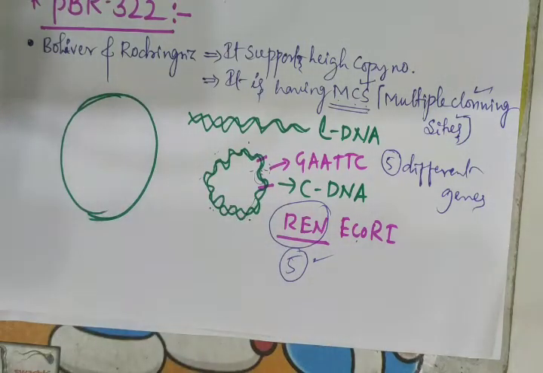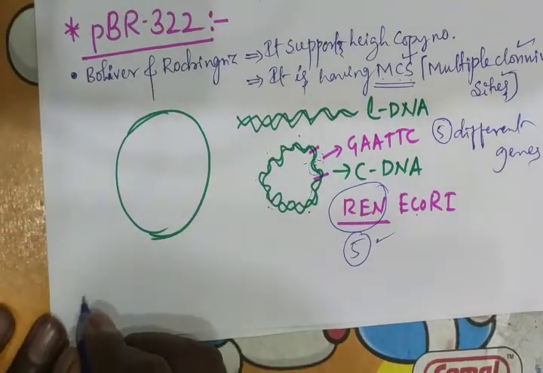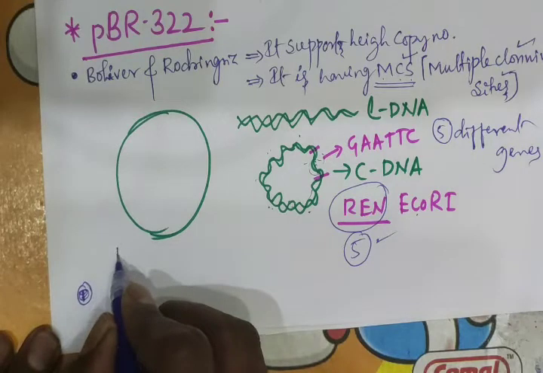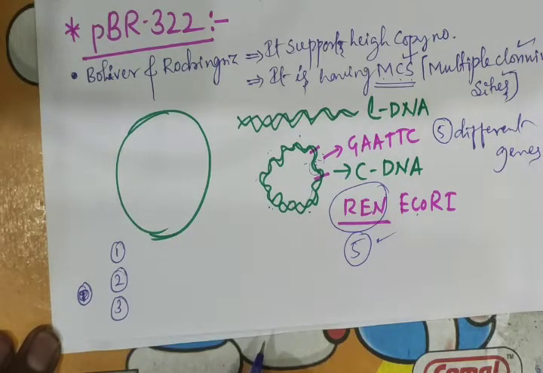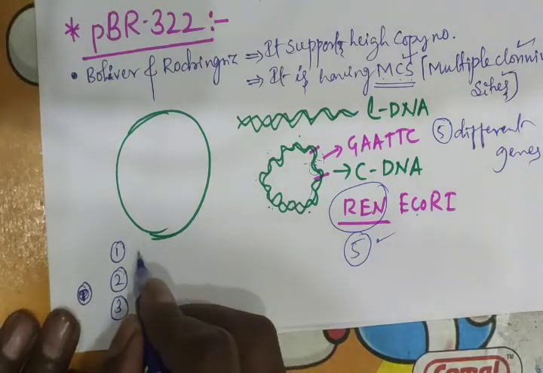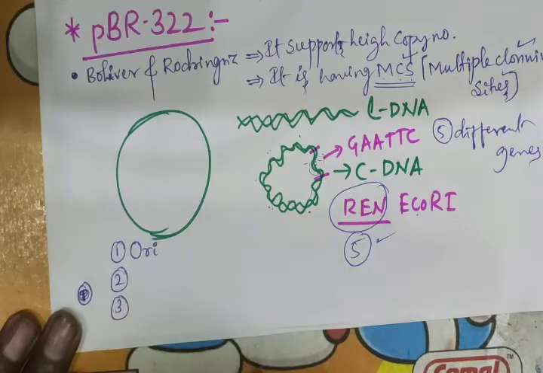Now we are having this circular plasmid, right? And here for every plasmid, for whatever the plasmid it might be, 3 features are compulsory. If the 3 features are present for that plasmid, then that plasmid is acting as the best cloning vector. For any cloning vector, 3 features are compulsory. The first feature is ORI.